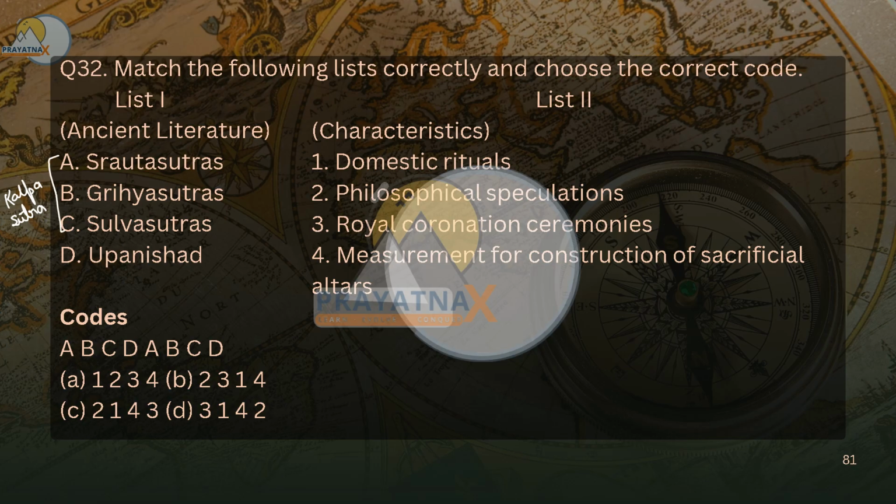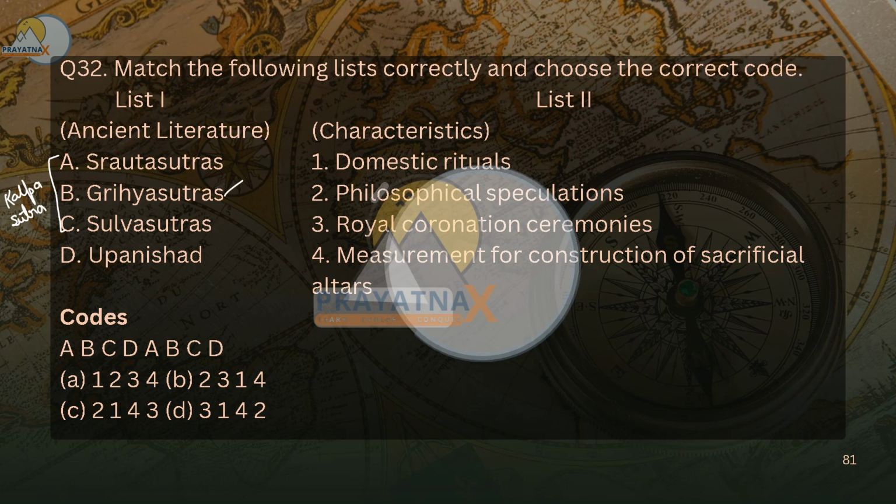The Srauta Sutra provided instructions on how to perform large public sacrifices, and on the other hand, as the term Griha Sutra suggests, it was to guide the householders on how to perform domestic rituals and ceremonies for their daily lives.